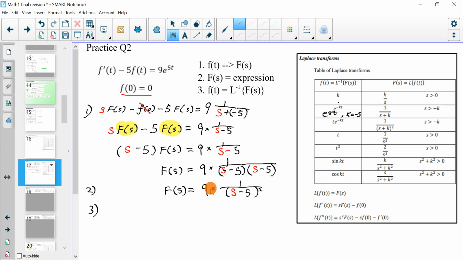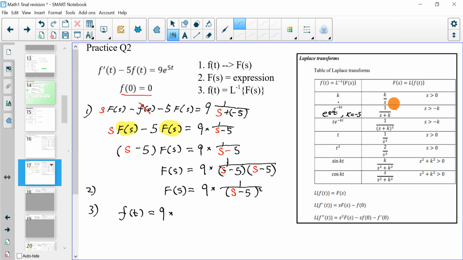So any constant can just stay in the front. So my f of t, I know it will equal 9 times, when I transform the rest of the expression back from F of s to f of t.